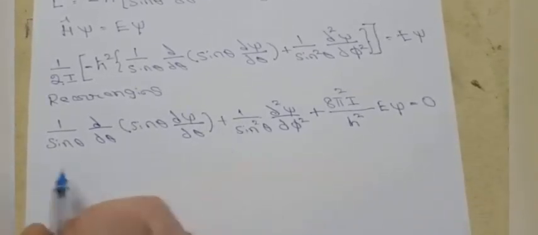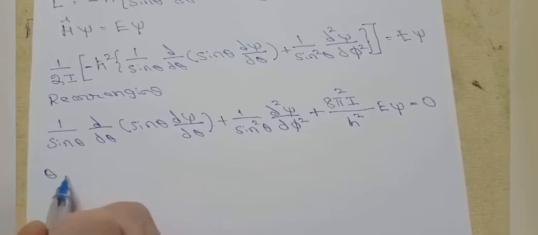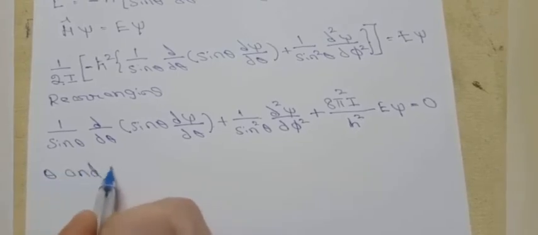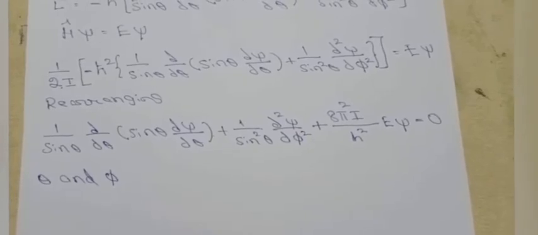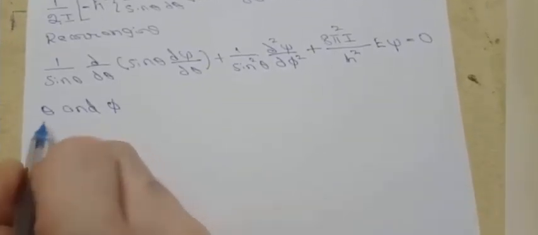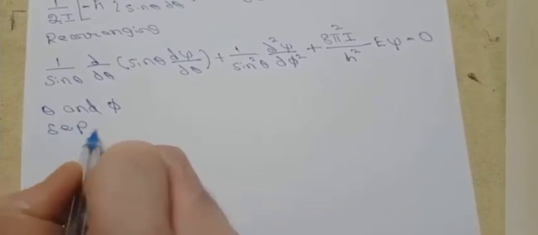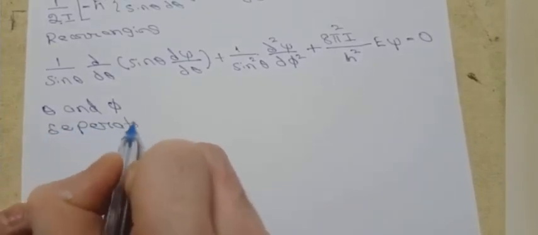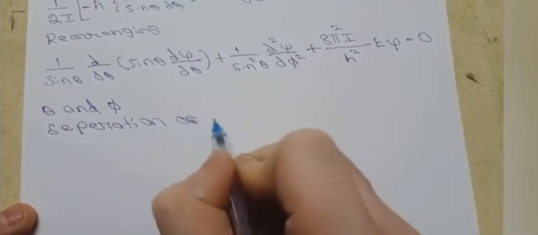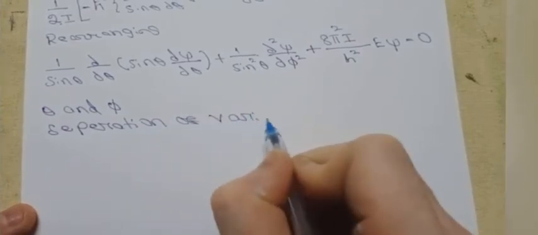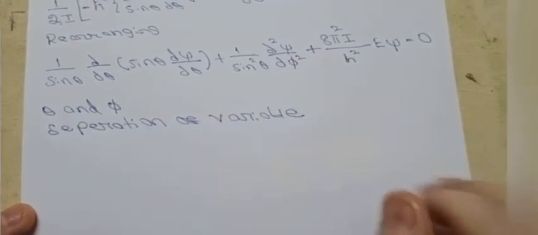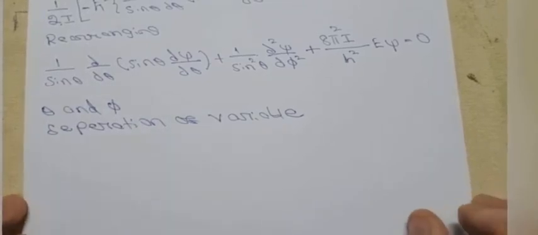Now the above equation contains two variables, theta and phi, and to solve this we will use the technique of separation of variables.